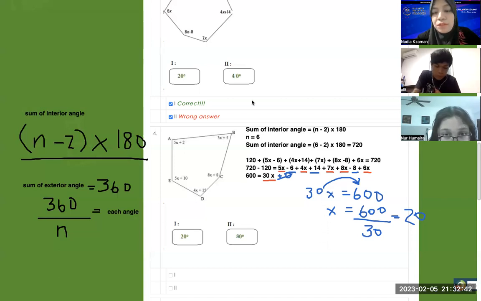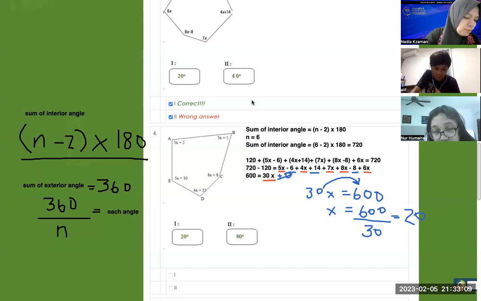So 25x, we move this 40 to the other side. So it becomes minus 40. And then it becomes 25x equal to 500. And then x equal to 500 divided by 25. 100 by 25.